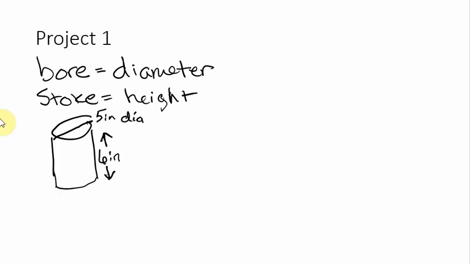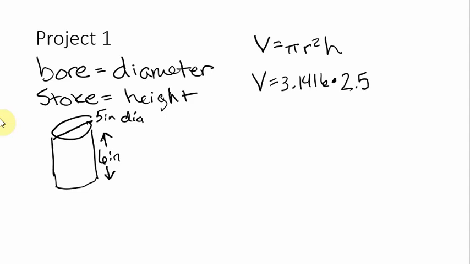So we're going to do the same thing as the last problem. Volume equals pi radius squared times height. So 3.1416 times our diameter is 5 inches. Half of that is the radius, so 2.5 will be our radius squared times our height of 6 inches.